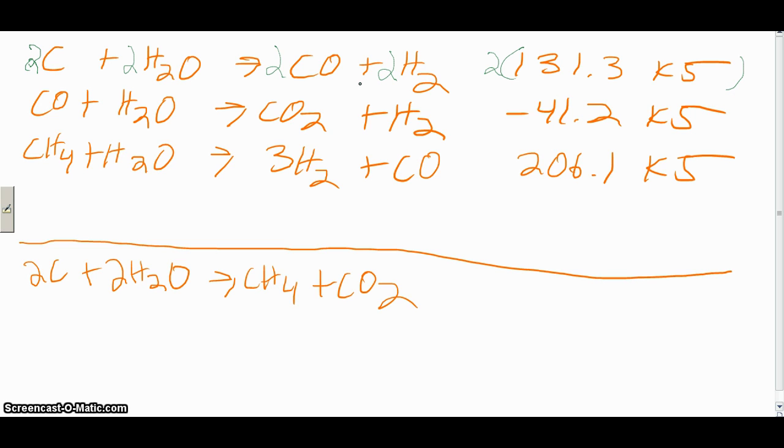And since we multiplied that by 2, we now have 2 of everything. And then for the bottom reaction, we have to have the CH4 on the right side, so we're going to reverse that right away, which means we just change the sign on the 206 to a negative.